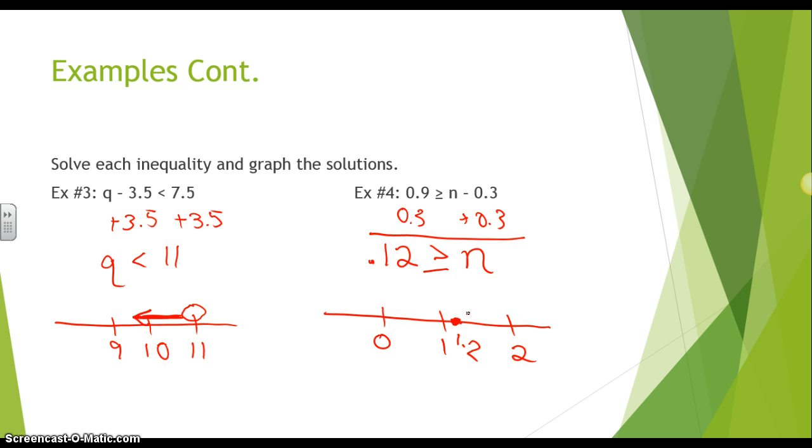I'm sorry, I said 0.12, but it's 1.2. My mistake. So it's 1.2 here. Notice 1.2 is greater than or equal to n, so I'm going to have a shaded in circle. If 1.2 is greater than or equal to n, or n is less than or equal to 1.2, I'm going to shade to the left.